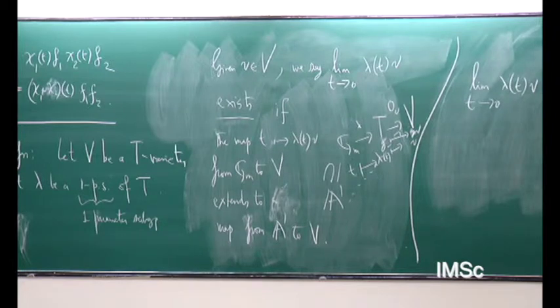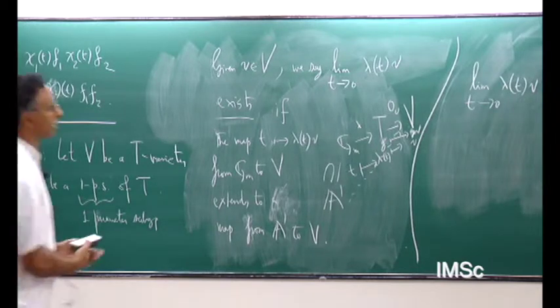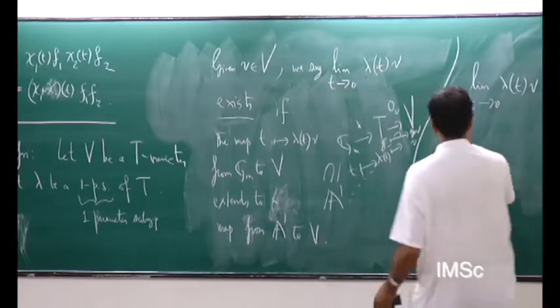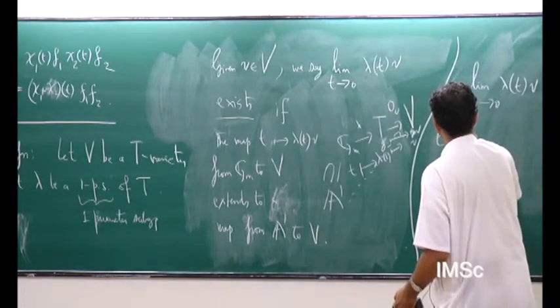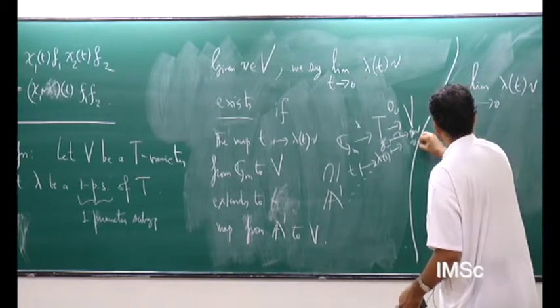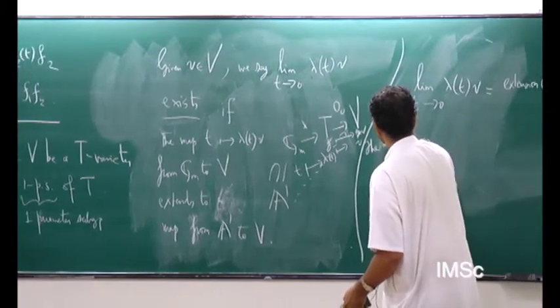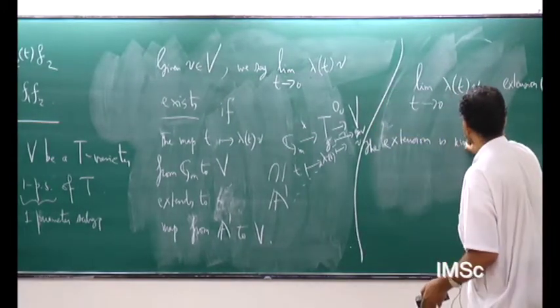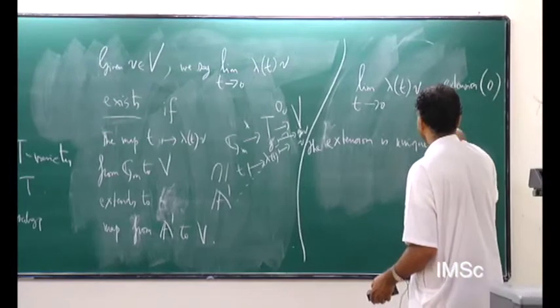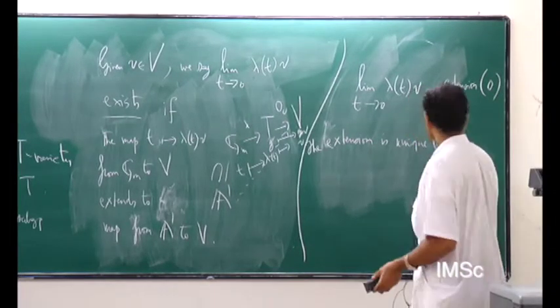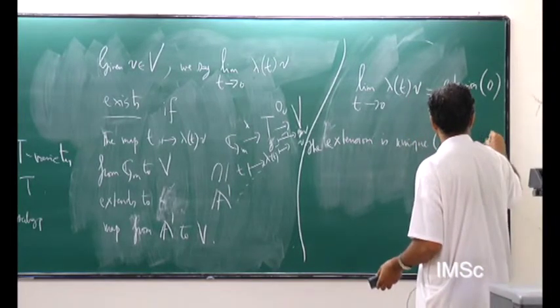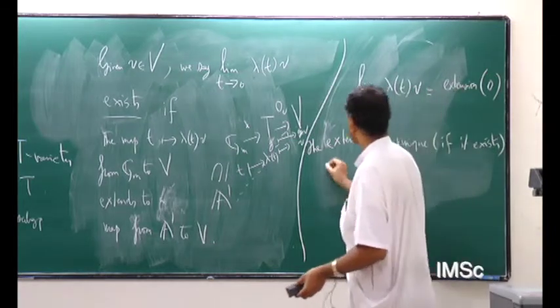Why is the extension unique? Because on dense subsets they agree. This is a continuous map and that's a dense subset. So the extension is unique if it exists. It need not exist in every case.